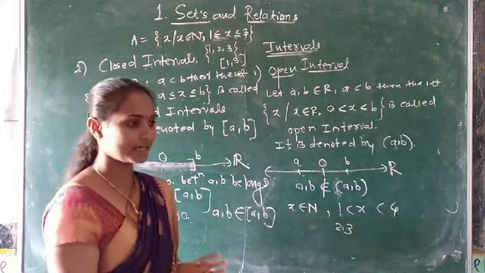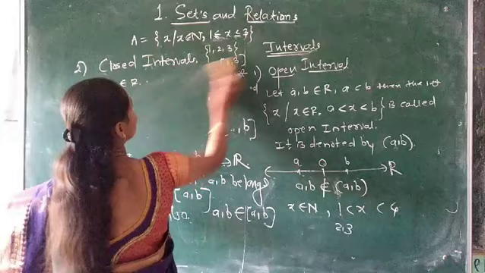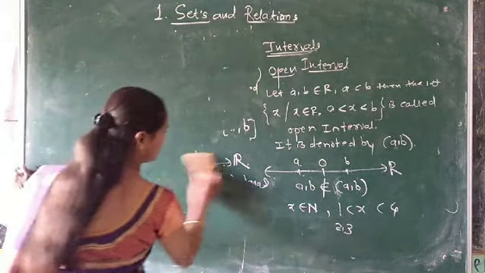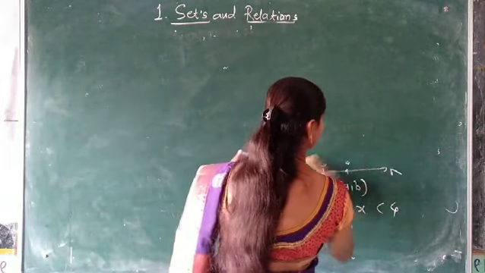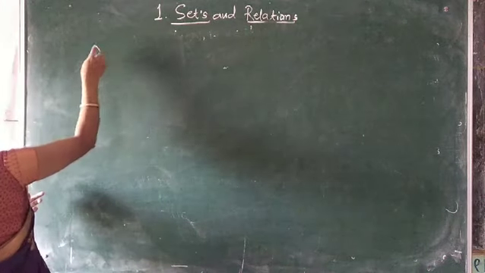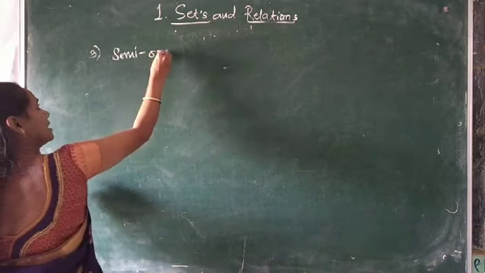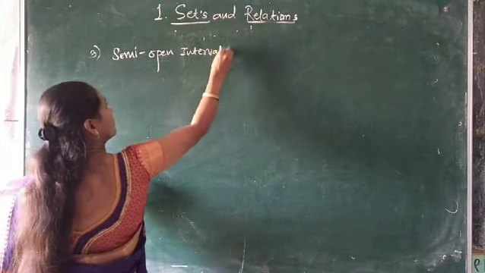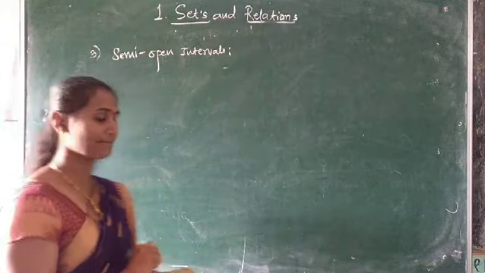Now the second and third interval we will see, that is the semi-open interval. Again we write a, b belongs to R, a is less than b.